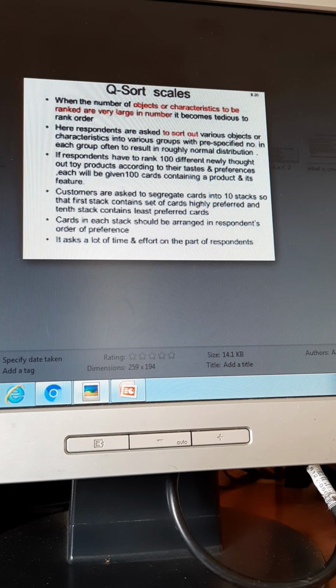So for Q sort I have, say, 23 into 5 packages available with me. What I have to do is make them into cards, picture postcards, and give all these packages to you.